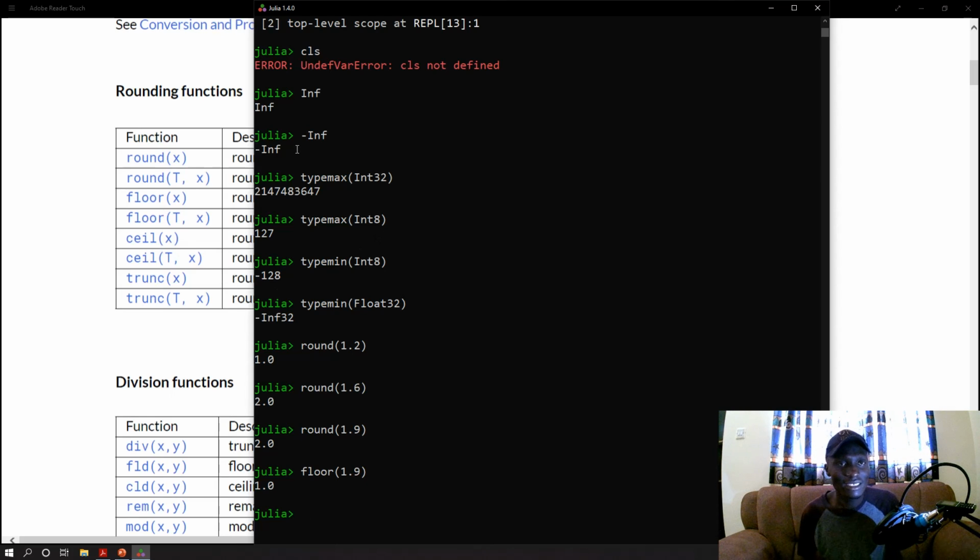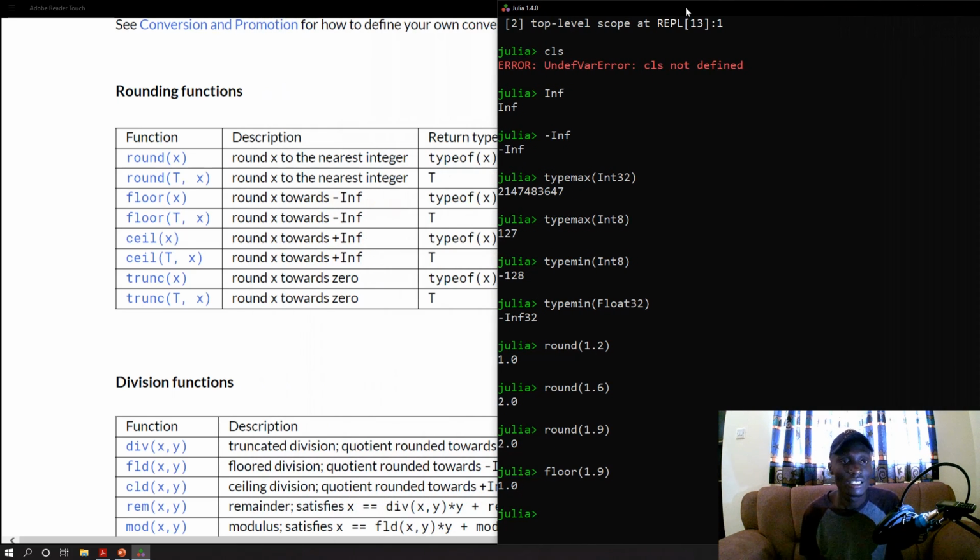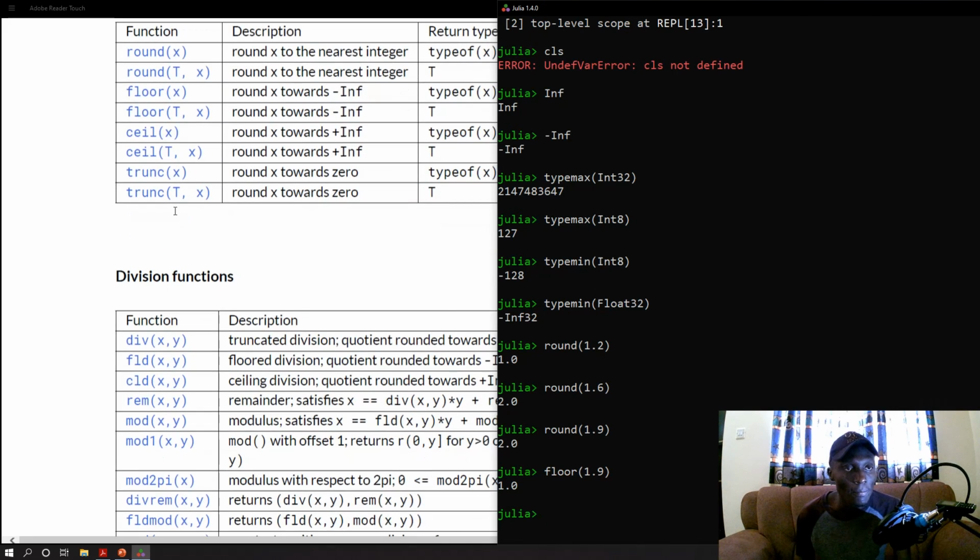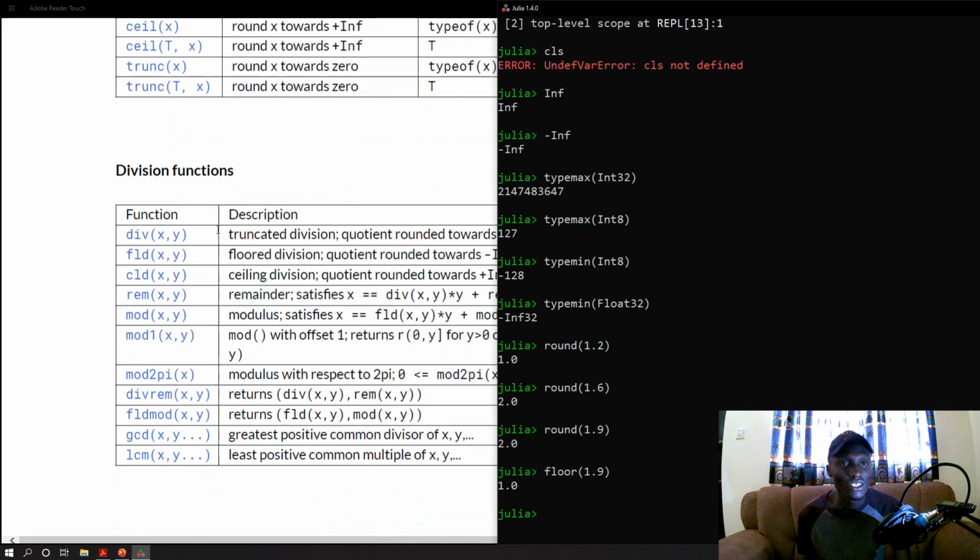Trunc, please check all these functions. Division, you see, this one obviously divides this and this. Then fld, floor division, again, these are functions that divide and then do the flooring or the ceiling.